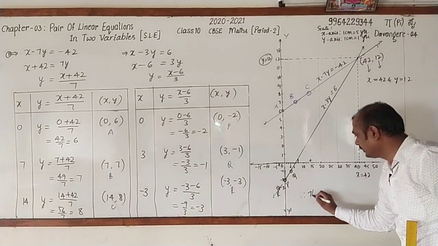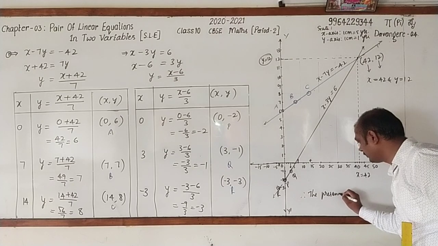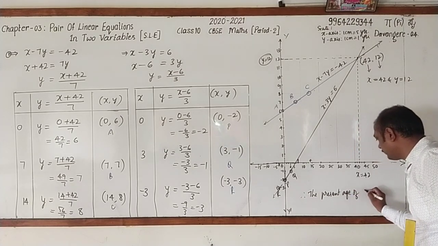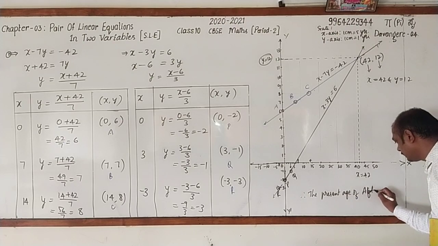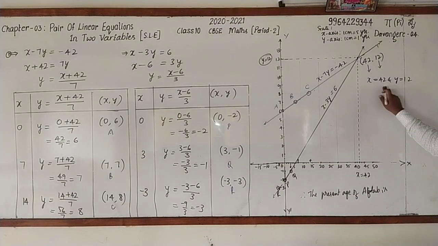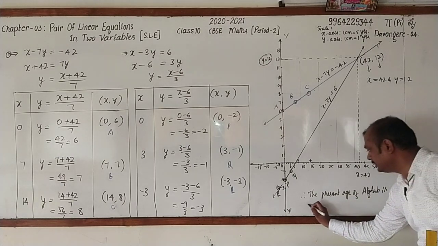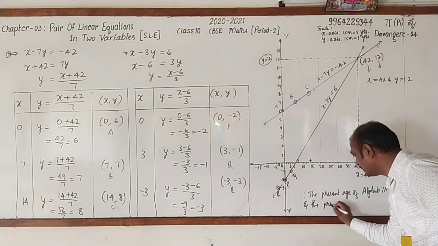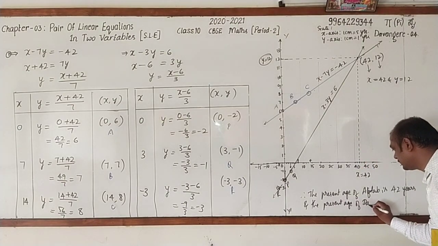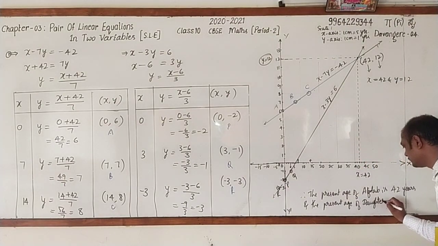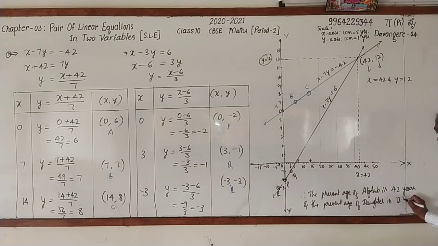Therefore, the present age of Haftar is 42 years, and the present age of the daughter, that is Haftar's daughter, is 12 years. Clear?